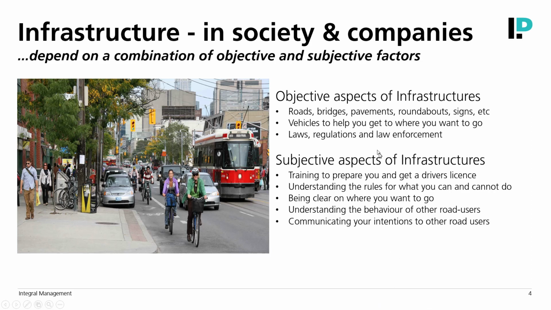There are also subjective aspects of an infrastructure, invisible things. What you cannot see in this picture is how these people are trained to use this. But you know that to make an infrastructure like this function in a highly efficient way, people need to be trained.